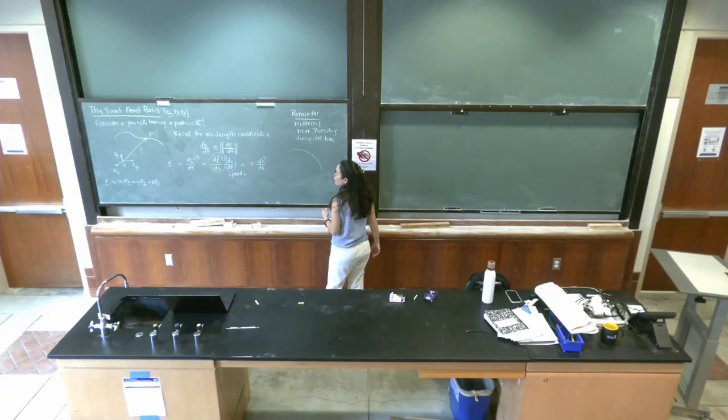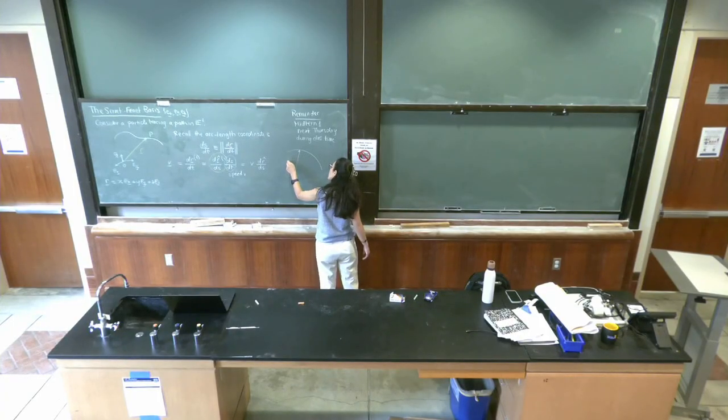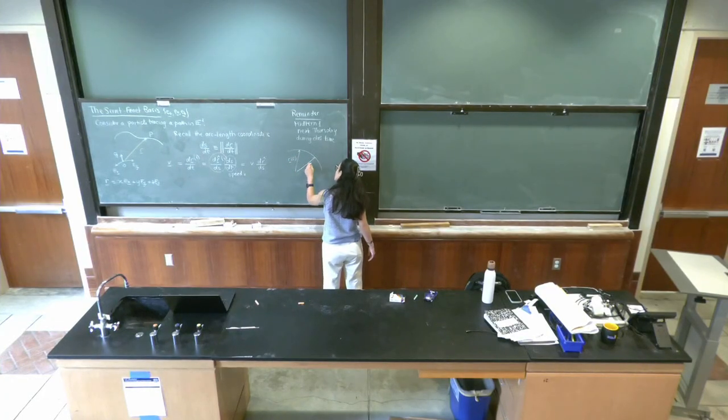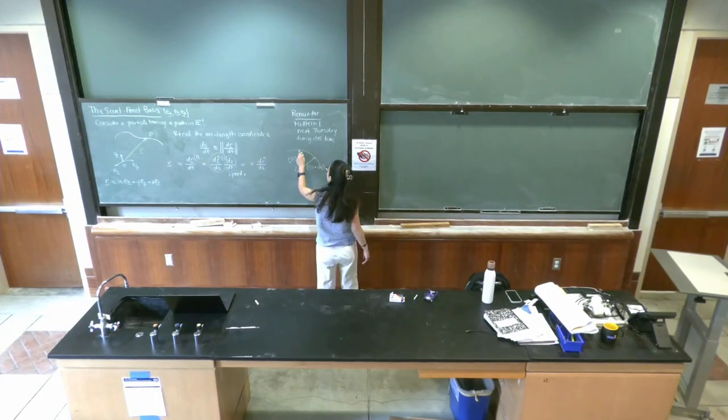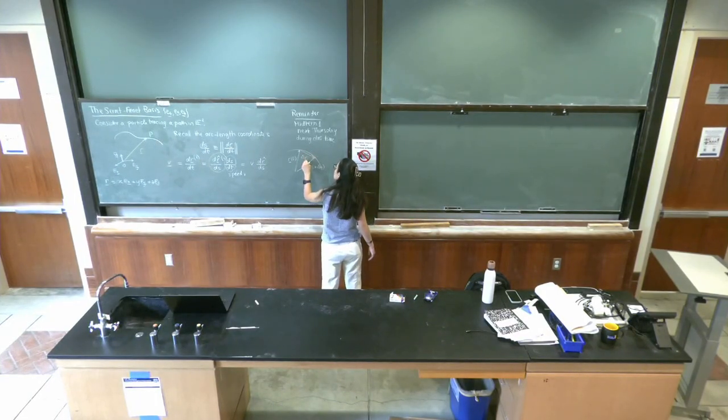Remember, we drew this. I have a curve, I have r of t or r of s, r of s plus delta s, and I can draw delta r between them. And delta s is this length.